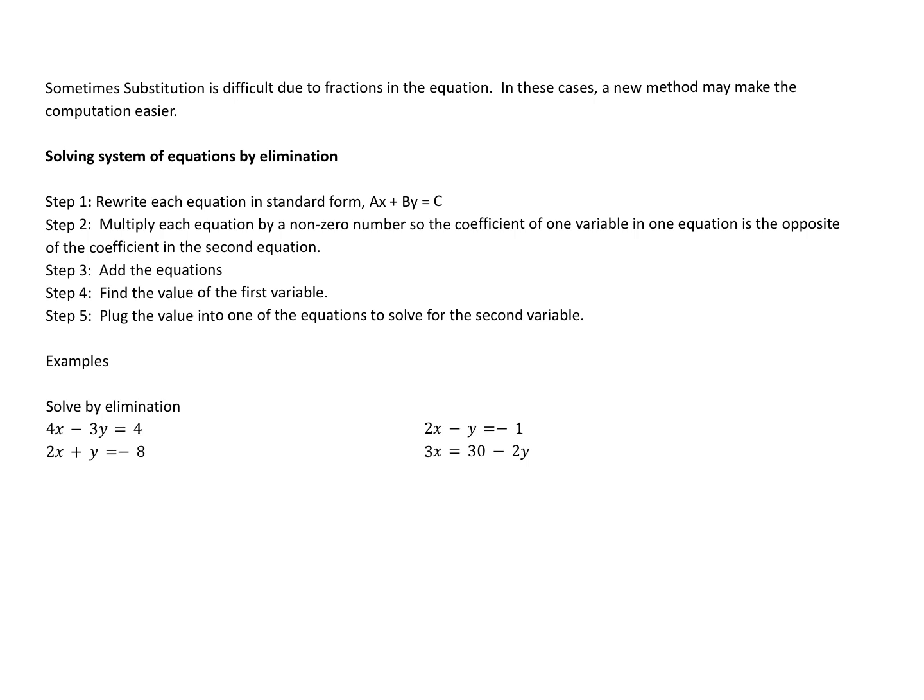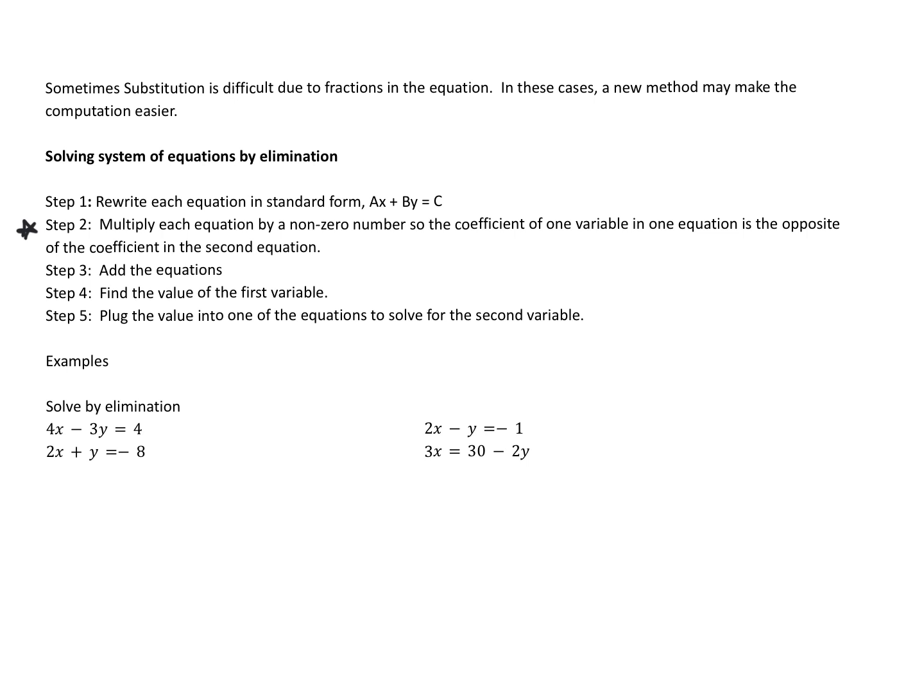Step 2 is probably the most important step when it comes to elimination, and that's figuring out what you're going to multiply one or both of the equations by in order to eliminate a variable. You have to multiply by a number to make sure that the coefficient of one of your variables in both equations is the same but with opposite signs.